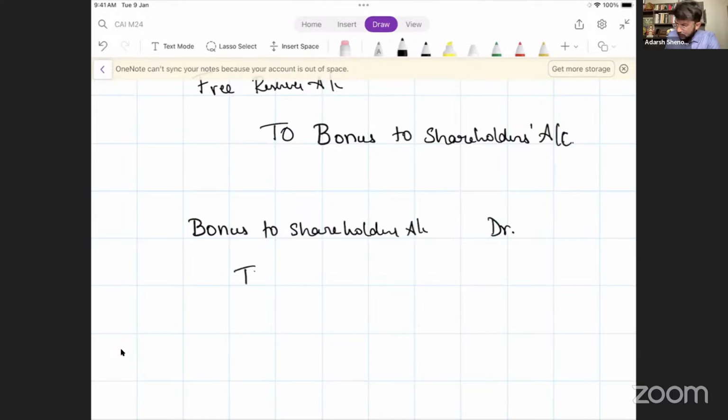Yes, that's right, Meenal, Abhilash, Pradyumna. To equity share capital account, which is credited.